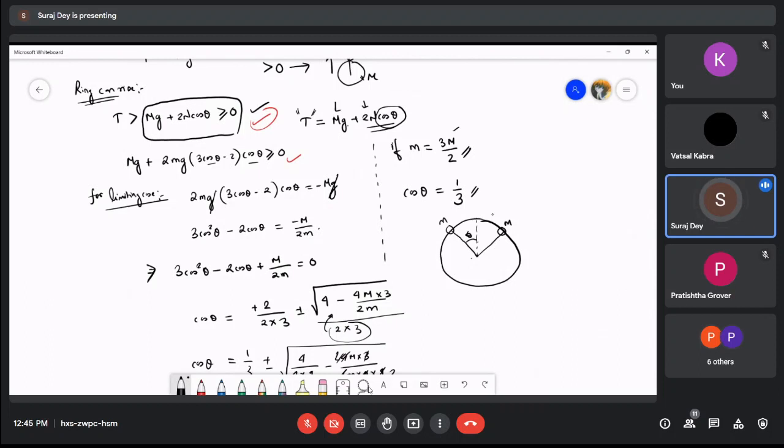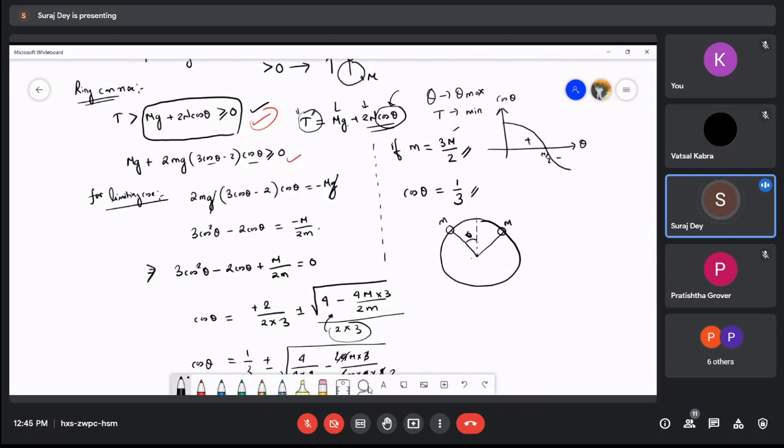notice that as the angle increases, the cos theta decreases, and this tension force decreases. And so when the angle is maximum, this tension force will be minimum. This is because the cosine function, this cos theta function, decreases with the angle up to pi by 2, and beyond that it changes sign.